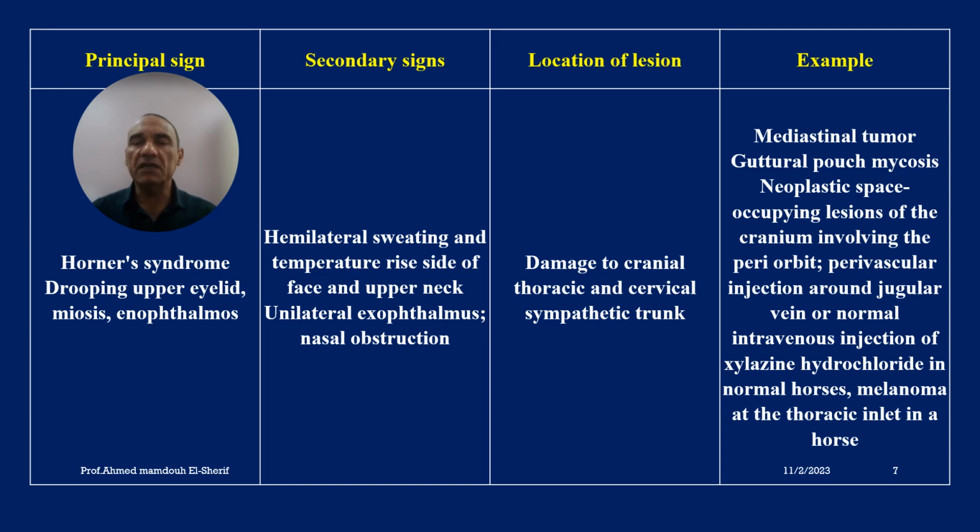Clear examples of lesions here are mediastinal tumor, guttural pouch mycosis, neoplastic space-occupying lesions of the cranium involving the orbit, perivascular injection around the jugular vein, or normal intravenous injection of xylazine hydrochloride in horses, and melanoma at the thoracic inlet of the horse.